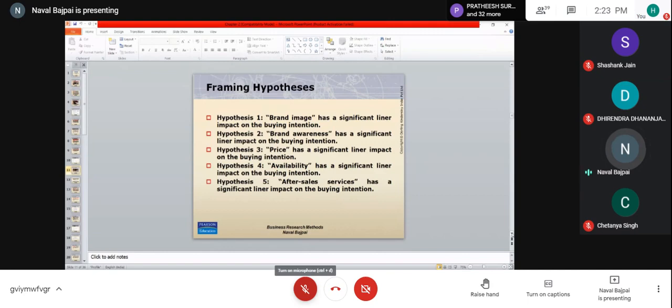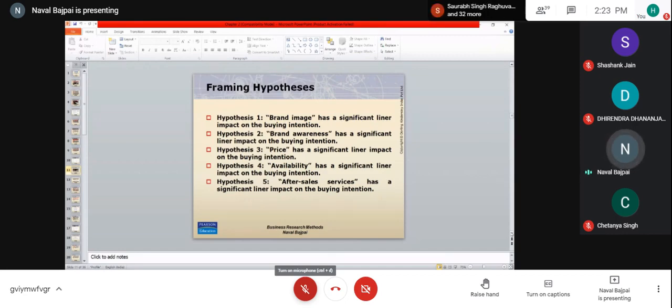Likewise, you see that my 5 hypotheses are being linked with my 5 main variables: brand image, brand awareness, price, availability, and after sales services. Just for the sake of an example, because we are in chapter number 2, a hypothesis is an unproven statement, and this hypothesis is indicating the application of chapter number 15.